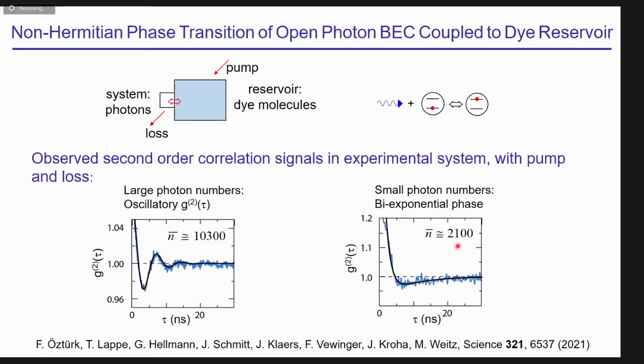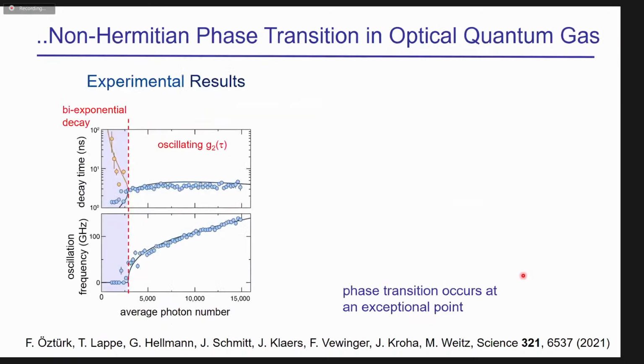Okay, we of course wanted to look at the other phase, the bi-exponential phase, and we see this here for smaller photon numbers. So here you see an example for a bi-exponential correlation function, and we wanted to look, of course, at the transition too. And what you see here is both the oscillation frequency and the decay times of such correlation signals as a function of the average photon number.